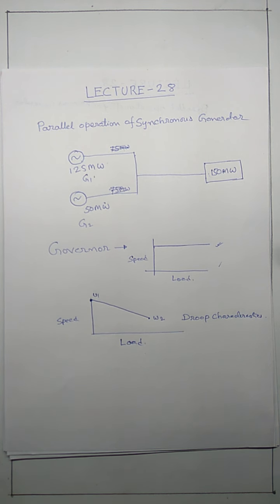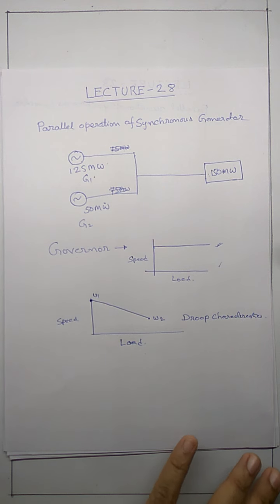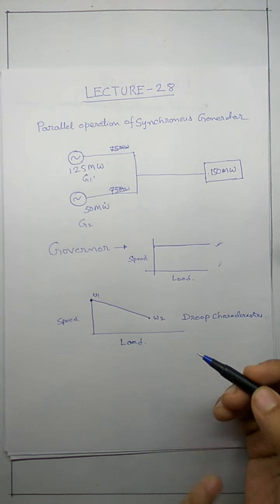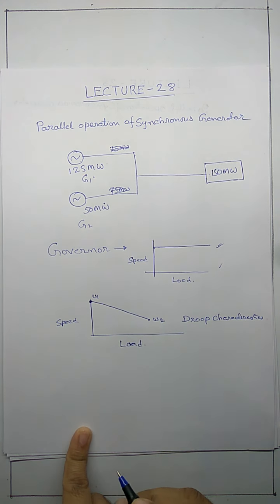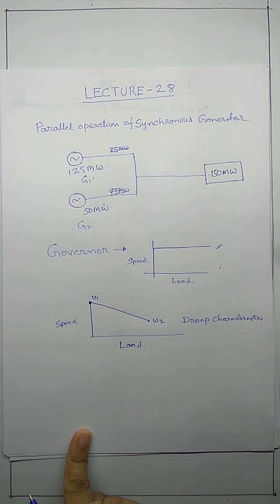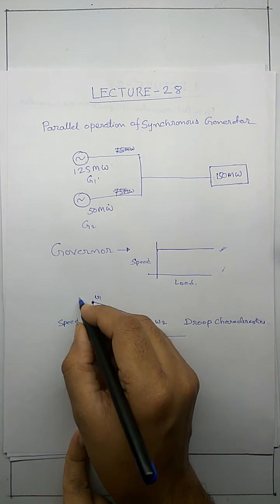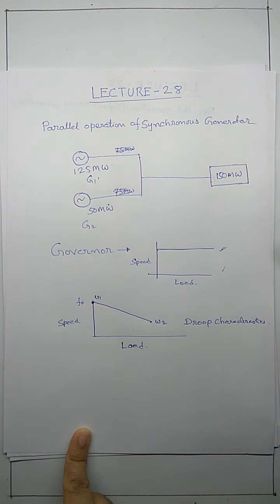Now we will understand it through a numerical, but before we go to that, let's understand the terminologies that we will use. If we have a characteristic like this, the frequency at no load we will call the no load frequency, or we will write it as F0.